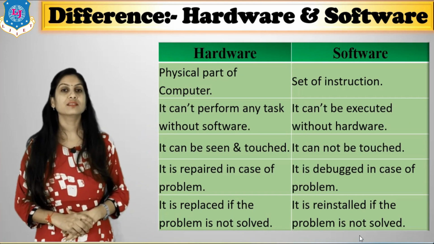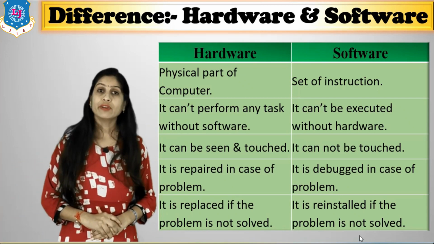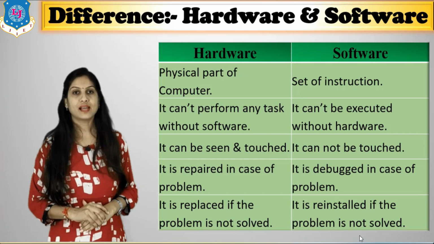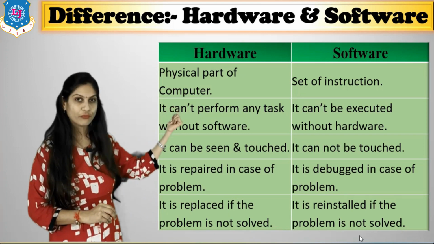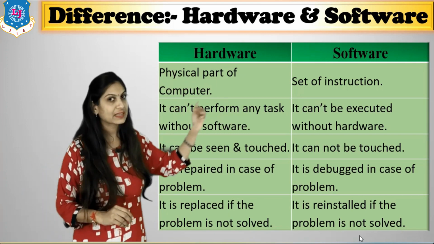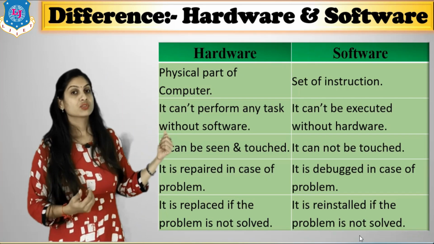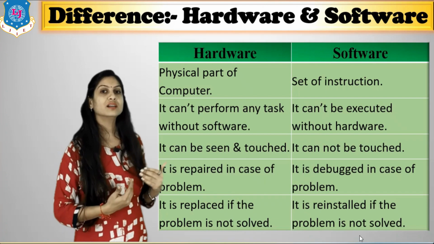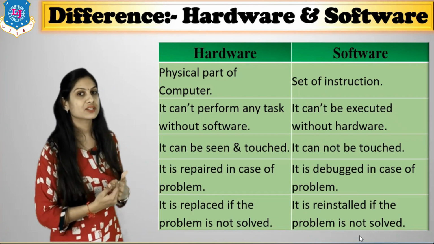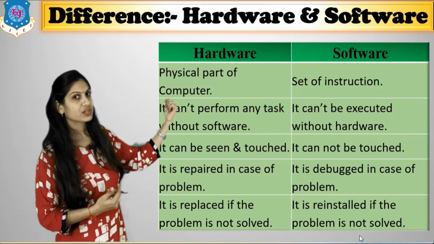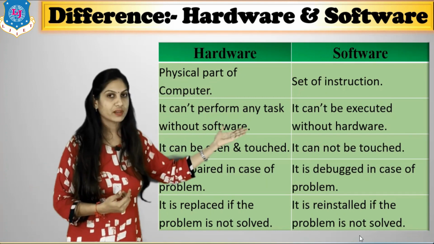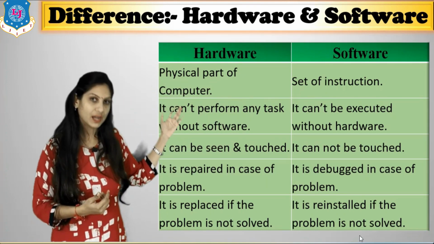The second difference is that hardware cannot perform any task without software, and software cannot be executed without hardware. So these two are dependent on each other. Hardware cannot run without software and software cannot be executed without hardware.